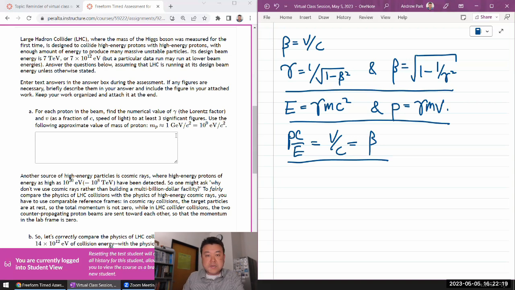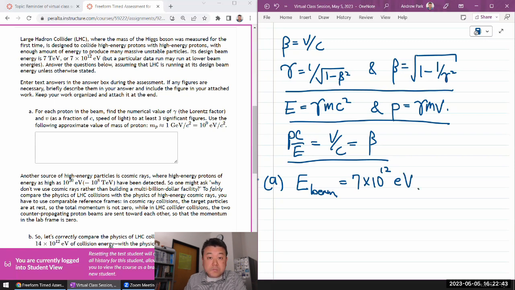So in A, it's asking for the numerical value of gamma. And they've given us the beam energy, by which I'm assuming they mean the total energy, the kinetic plus rest energy of the proton beams. That's 7 times 10 to the 12 eV.